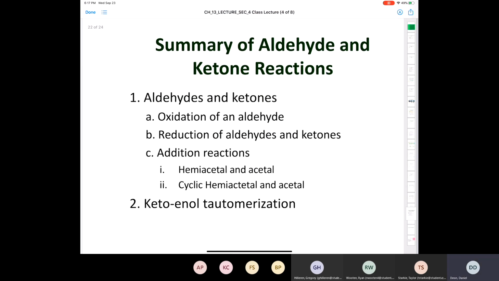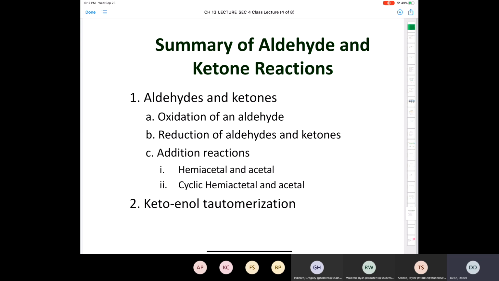This is just another summary of the aldehyde and ketone reactions. You have to know about the oxidation of an aldehyde to a carboxylic acid, the reduction of aldehydes and ketones using hydrogenation conditions, so that's hydrogen gas and palladium, platinum, or nickel as a catalyst.